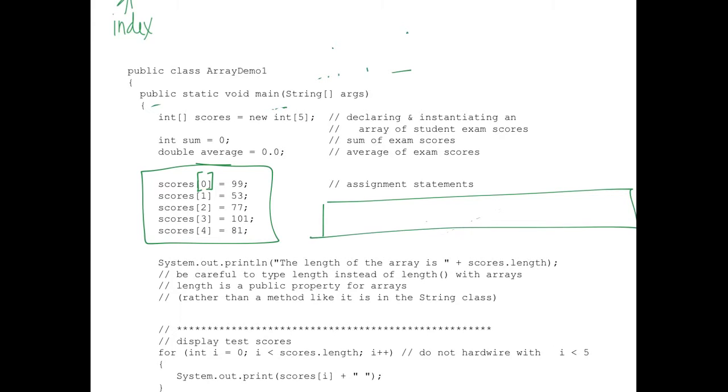So if I were to draw this, there's 5 values in this array. This is the 0 one, so they're saying in the 0 spot, put 99. In the 1 spot, put 53. In the 2 spot, put 77. In the 3 spot, put 101. And in the 4th spot, put 81. So the indexes allow you to refer back to it.